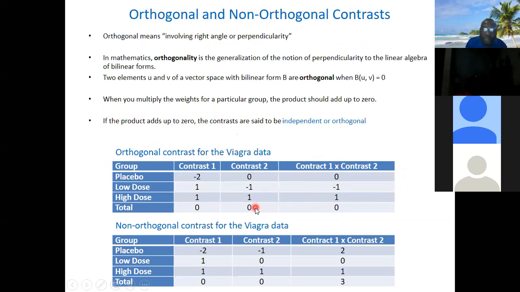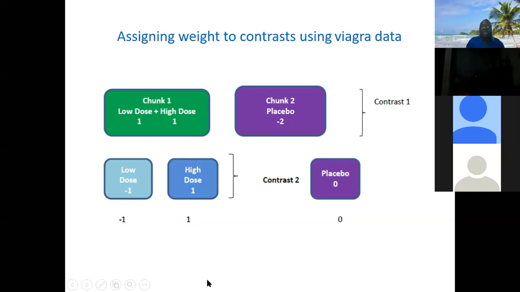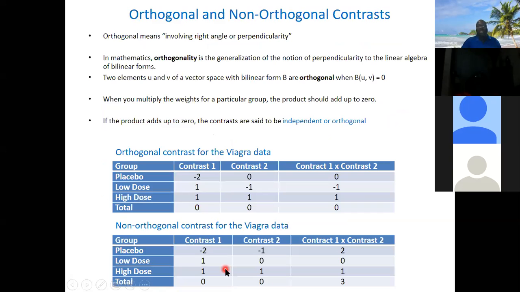If you add contrast 1 together, it is 0. Add contrast 2 together, it gives you 0. We have already said the addition of all the contrasts for a particular one should be 0. If you multiply the 2 contrasts for each of the groups, the addition will also be 0. That is orthogonal.